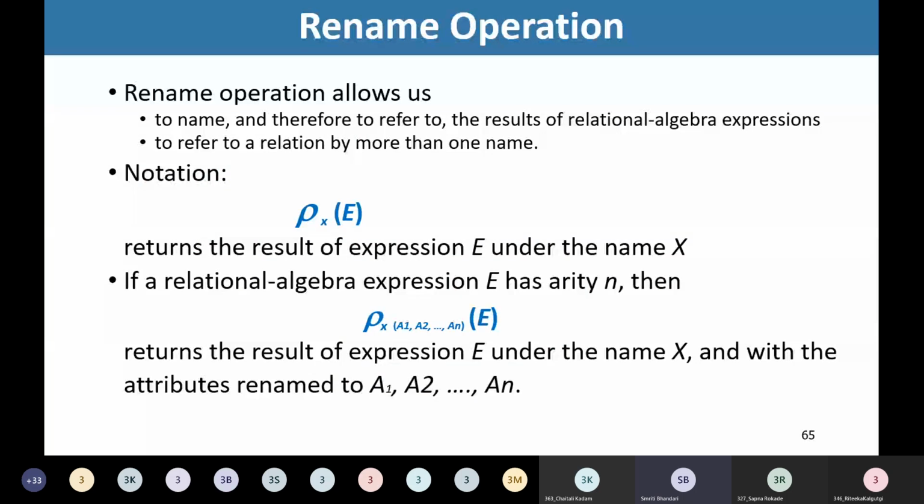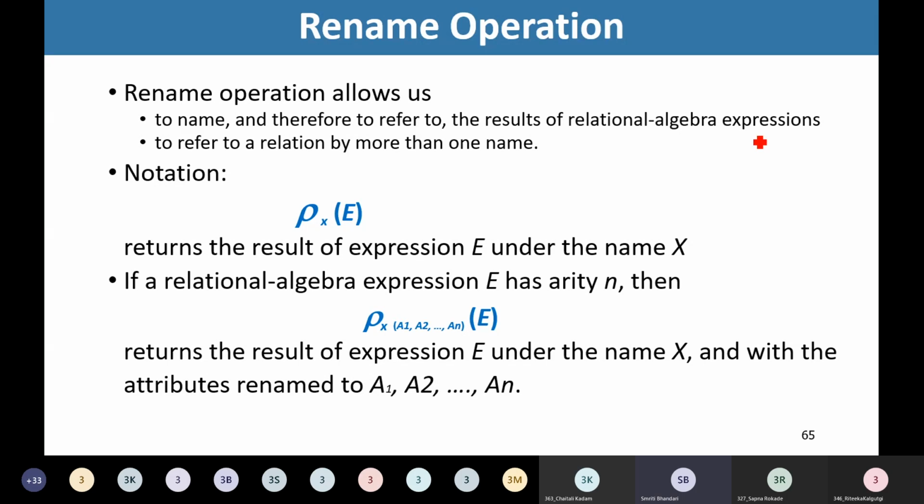Fine. So let us go to the last operation in basic operations in relational algebra, and that is the rename operation. So the rename operation, as the name suggests, allows us to name and therefore to refer to the result of relational algebra expressions.